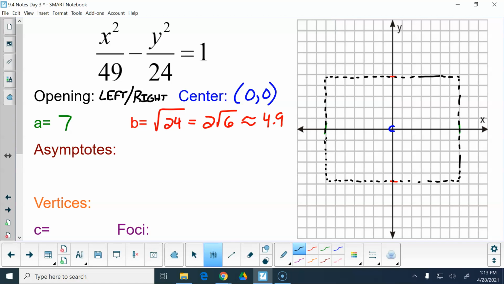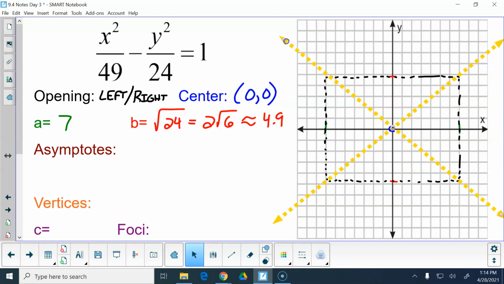So we've constructed the box around our center. That is the no-go zone. We know it's the no-go zone because the next thing we have to do is we have to put in our asymptotes. Now we need to come up with the equations for our two asymptotes.